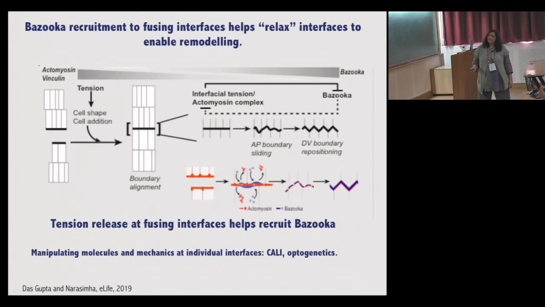So in a way, we think that this formation of a continuous sheet actually requires junction remodeling that's similar to what you see in the junction growth phase of cell intercalation.